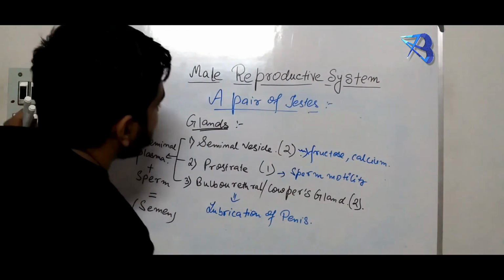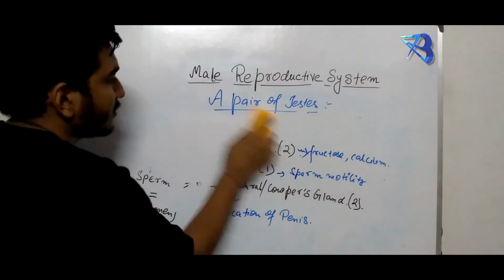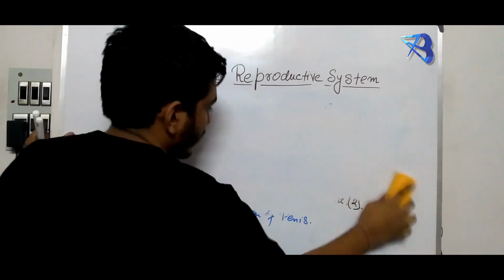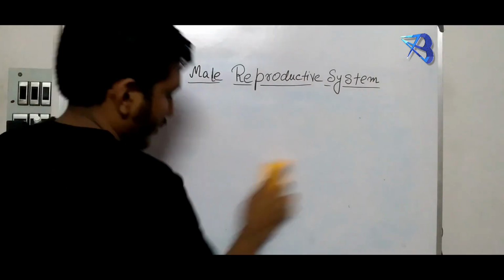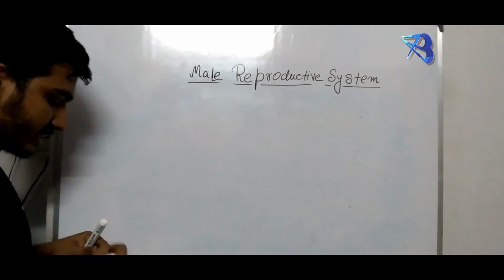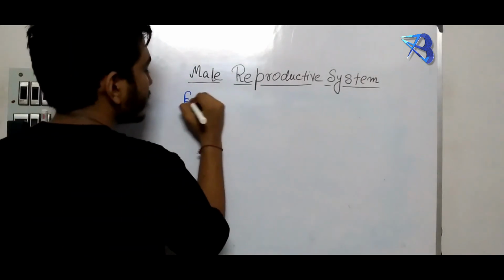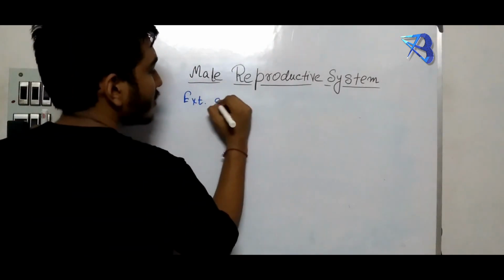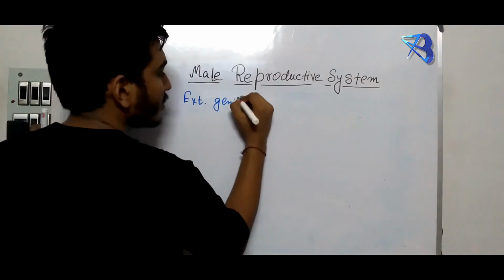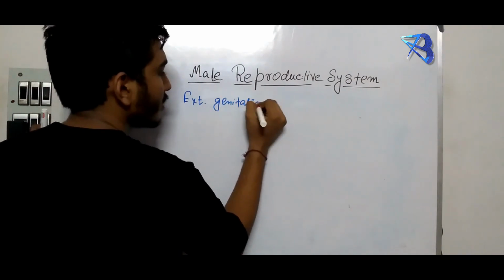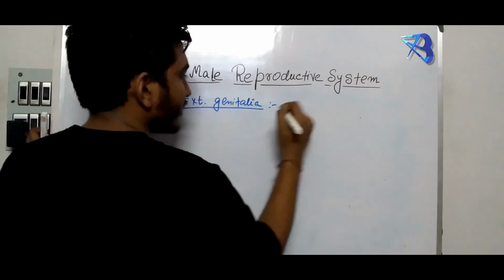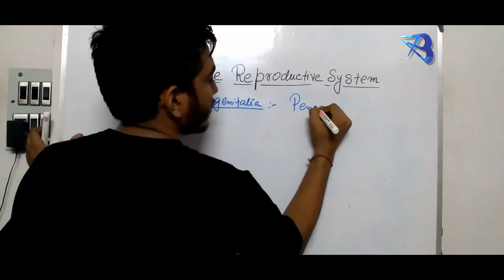Last part of this male reproductive system is the external genitalia. External genitalia is the penis.